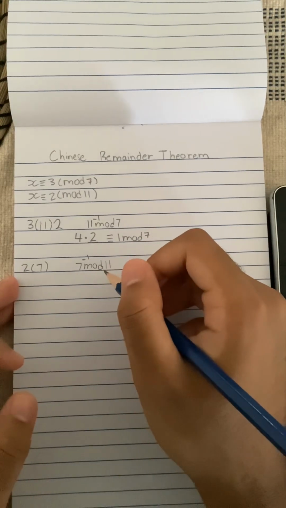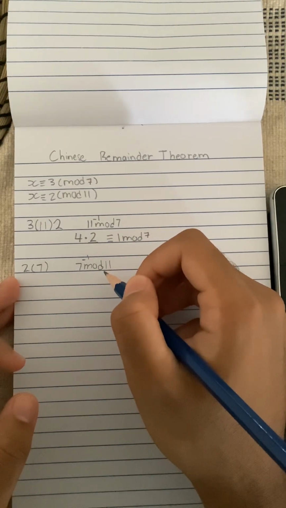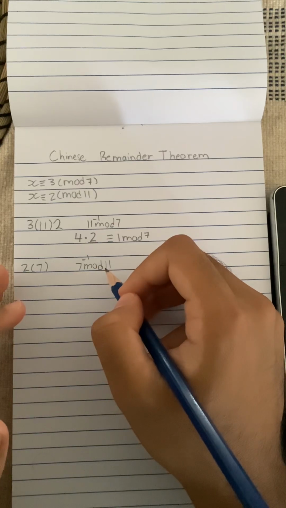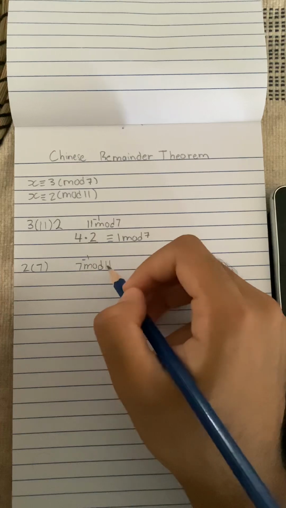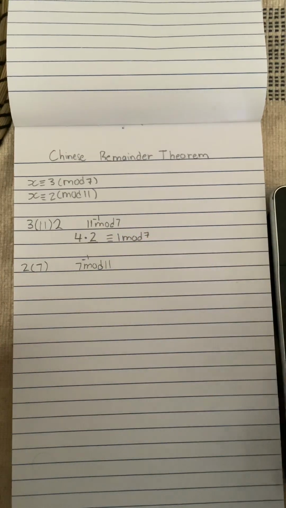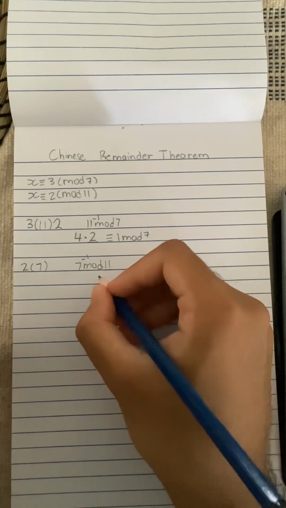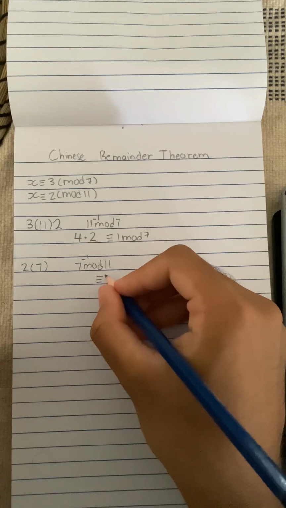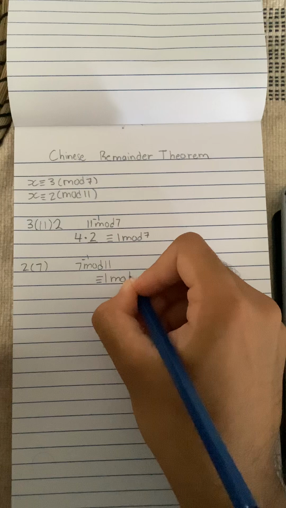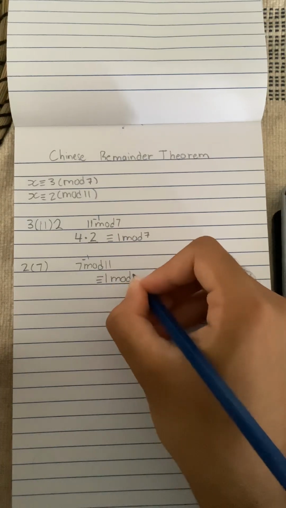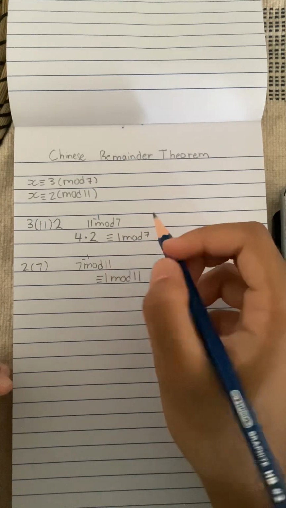We do not need to reduce it because it's under 11. All we have to do is find a number that is congruent to 1 mod 11.